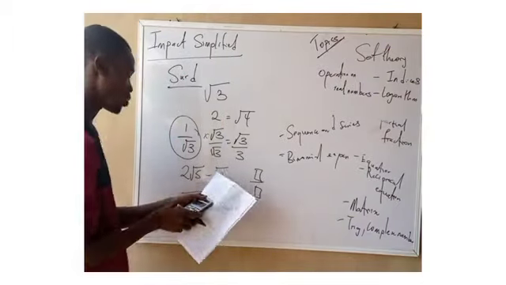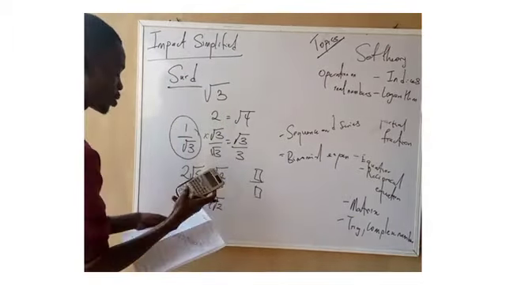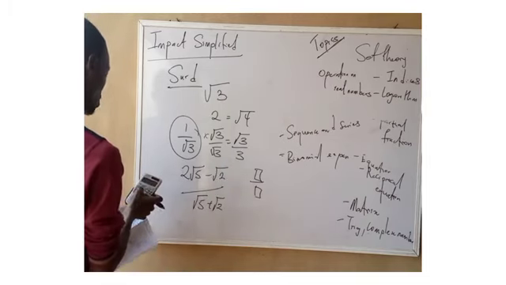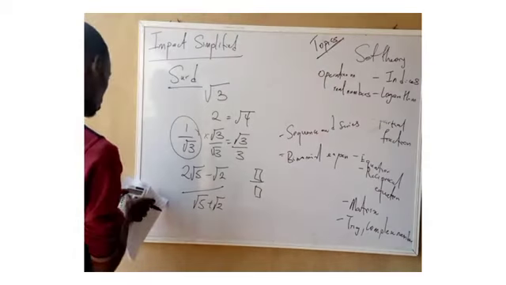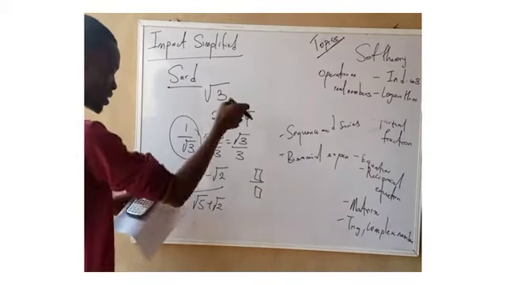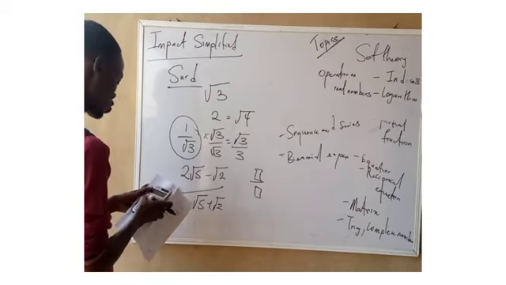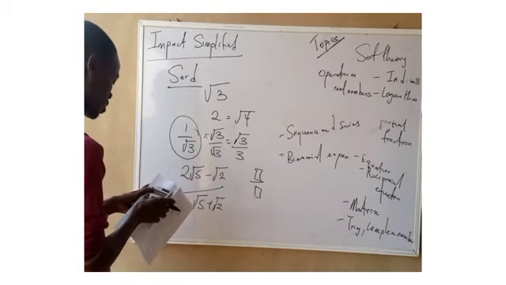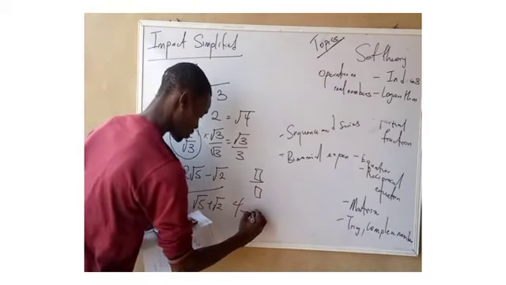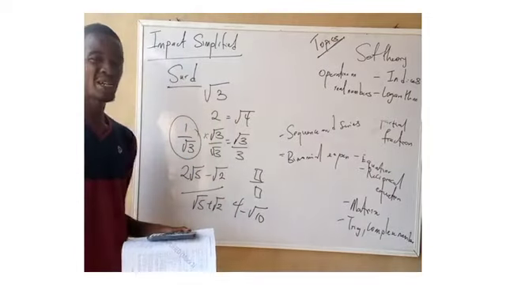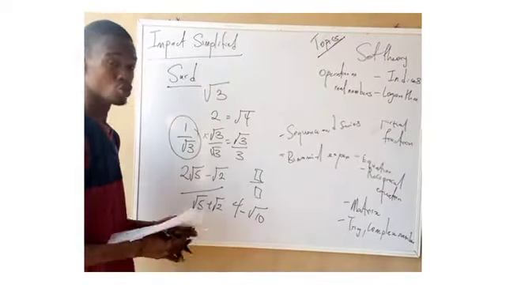So press that symbol and type it straight in your calculator: the square root of 5 minus the square root of 2, press down, and then the square root of 5 plus the square root of 2. Your calculator will give you your answer straight as 4 minus root 10. You don't even need to stress yourself.